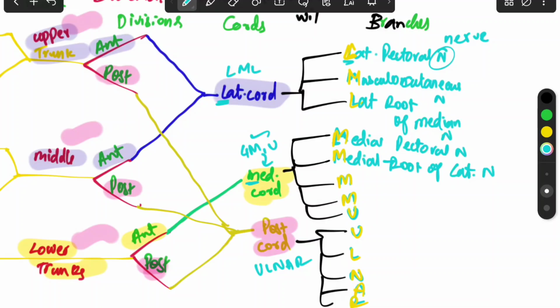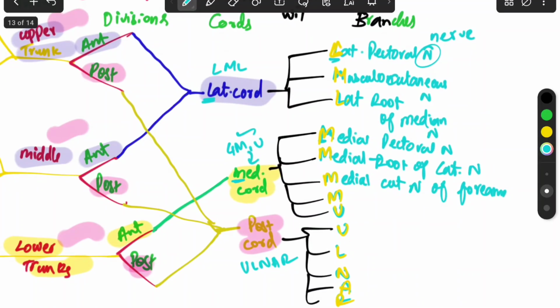That is, the lateral root of the median nerve and the medial root of the median nerve. Next, the medial cutaneous nerve of the forearm will be one branch coming from the medial cord, and the medial cutaneous nerve of the arm, and this is the ulnar nerve.